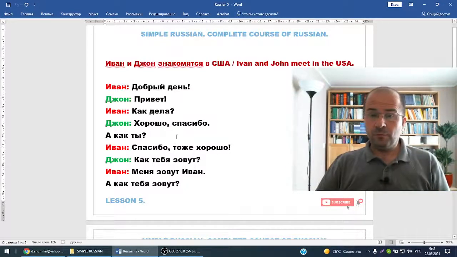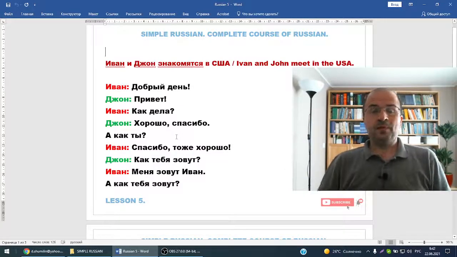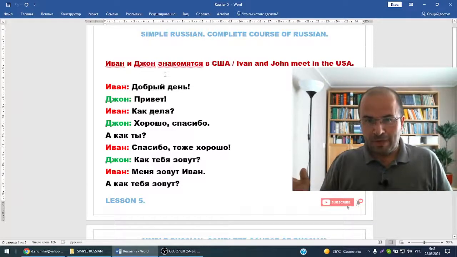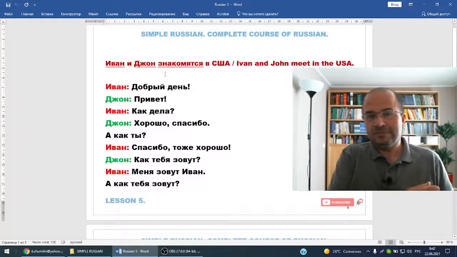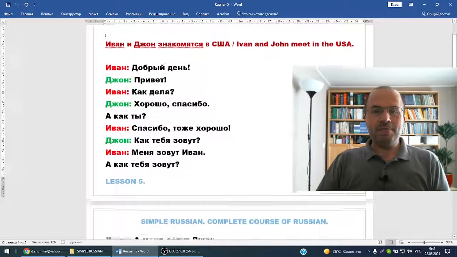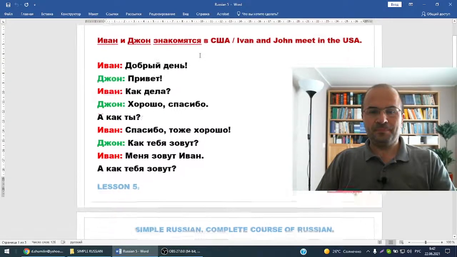And before we get to the future tense form, as I promised you, we are going to read together this dialogue, which is between Ivan and John, which is the same name basically, but Ivan is the Russian version and John is the English version. So, Иван и Джон знакомятся в США.